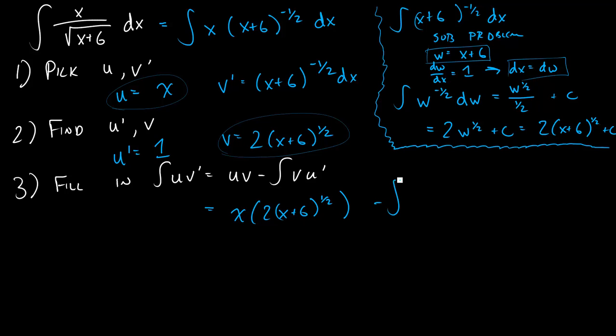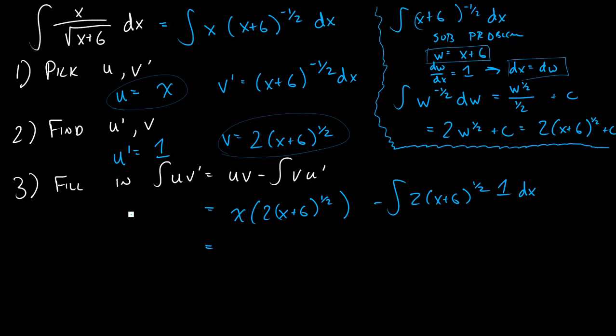And then that's going to be minus the integral of v. So I still have this annoying v to deal with, 2 times x plus 6 to the 1/2. But now instead of an x in my integral next to my square root, I'll have this u prime, which is a lot easier to deal with, right? So I'll have the dx there.